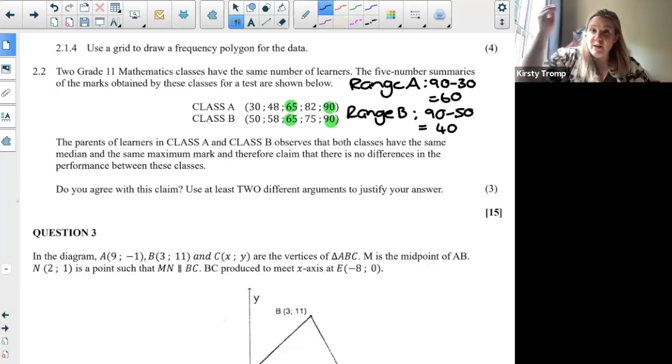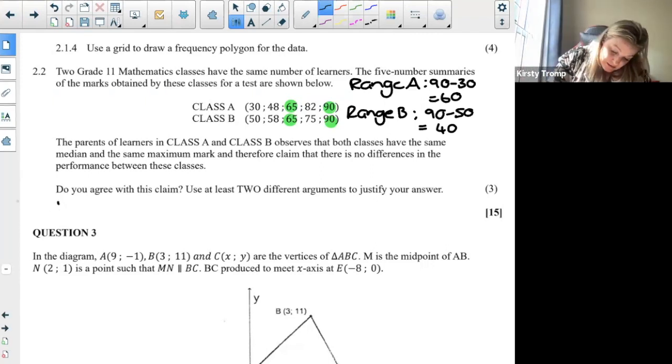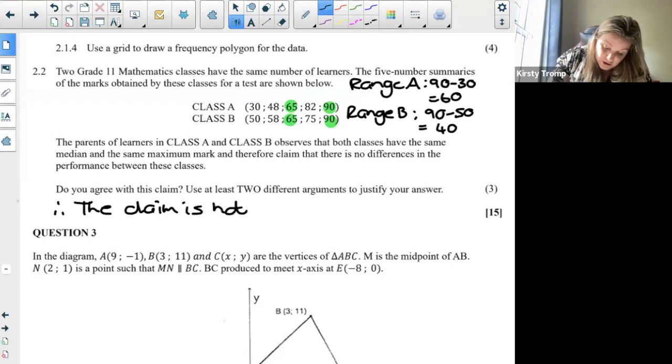They went from 30 all the way to 90, compared to class B, where the range was only 40. So people's marks only went from 50 to 90. Okay, so that's one way where we say that the claim is not valid. That's one argument that we're using. The claim is not valid.